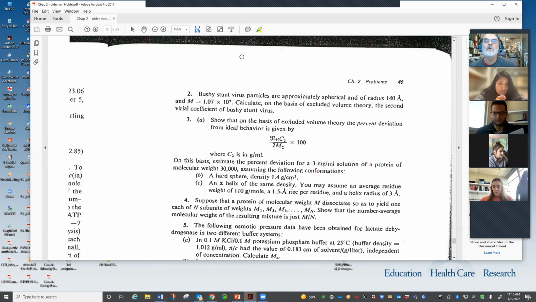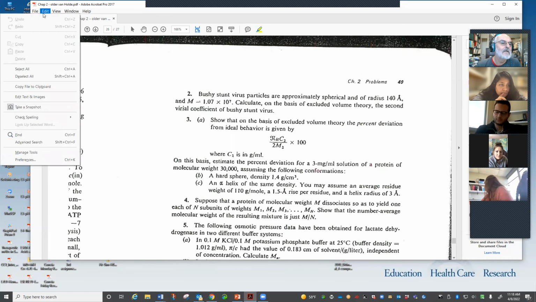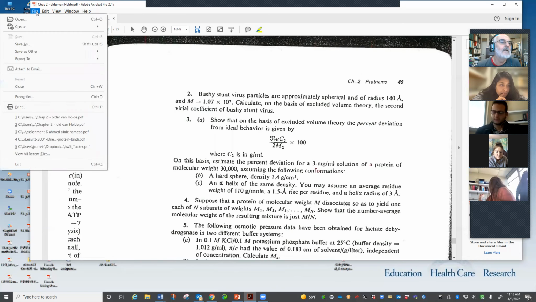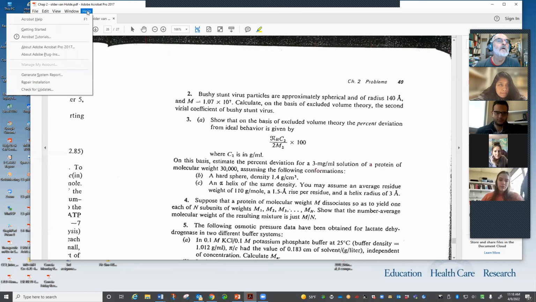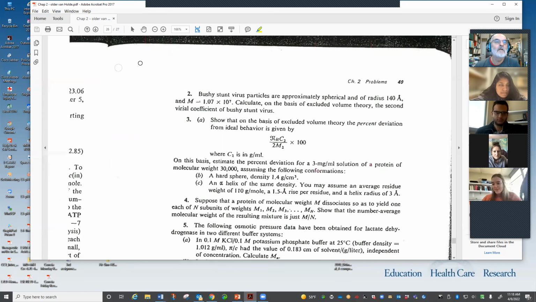Why is it not going to let me write? Huh. I may have to do this in another way. That's just going to give a yellow. I don't want that. Take that off.